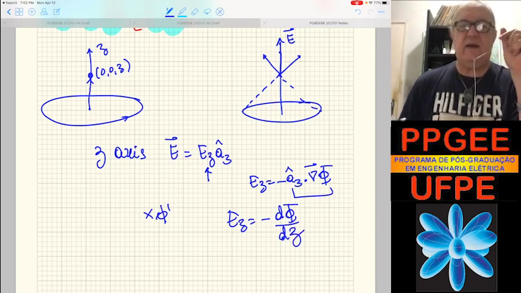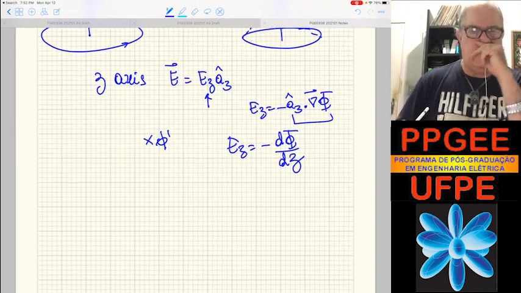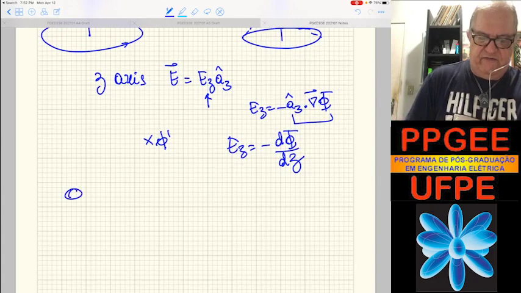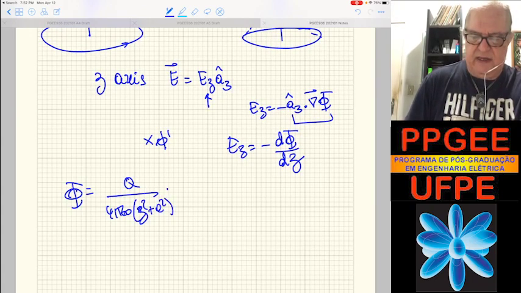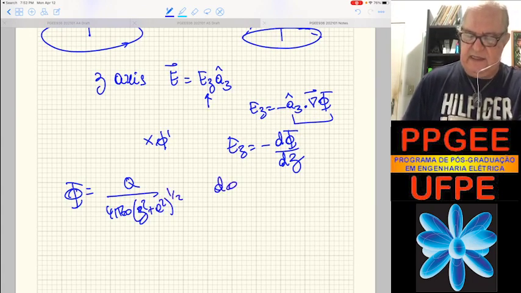So I can calculate the derivative of that function, okay? So we have phi equals q over 4 pi epsilon 0 times z squared plus a squared to the 1/2. So d phi dz, you can calculate it, right?